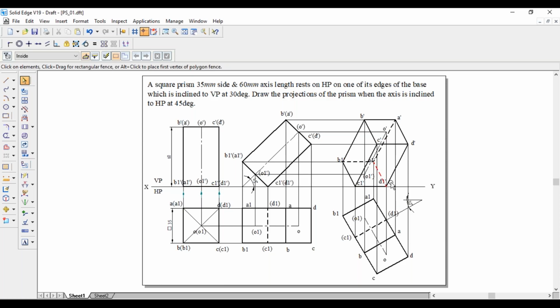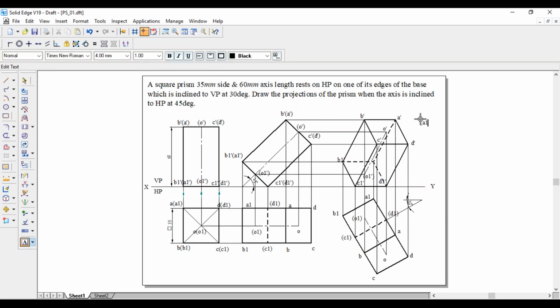So here A1 dash is made up of 3 dotted lines. You can observe A1 is the farthest point for the observer, so that A1 dash is invisible. So mark A1 dash in the bracket.